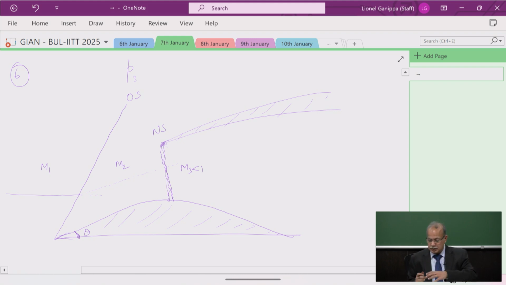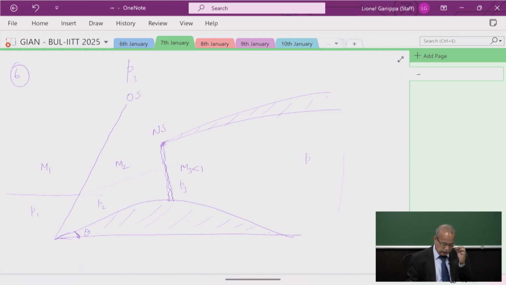Once it becomes subsonic, you can see it enters into a diverging geometry. The pressure will still increase before it enters into the combustor. Is that clear? So we are decelerating the flow from Mach number 2. In the process, we are increasing the static pressure from P1 to P2, and then from P3. Then again, we still continue to increase it.